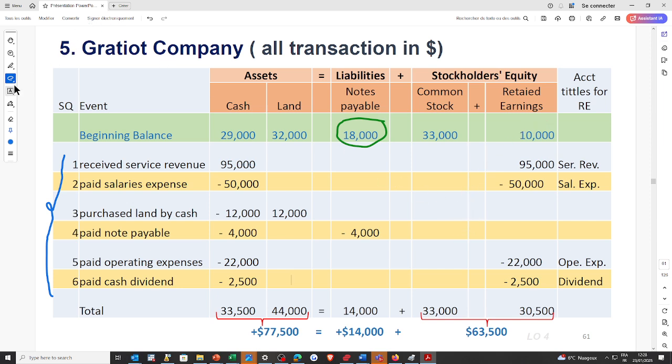So now let me help you calculate the retained earnings at the end of the period.